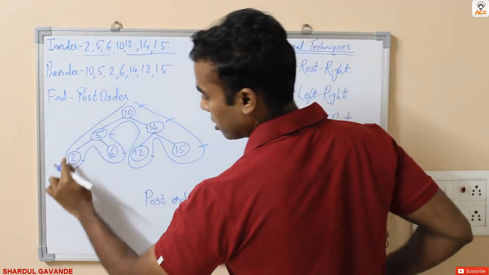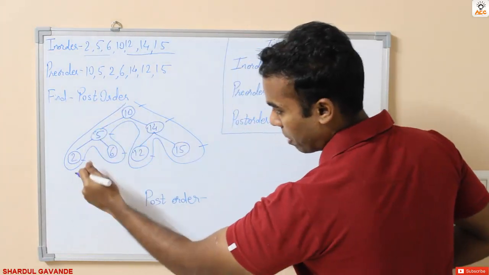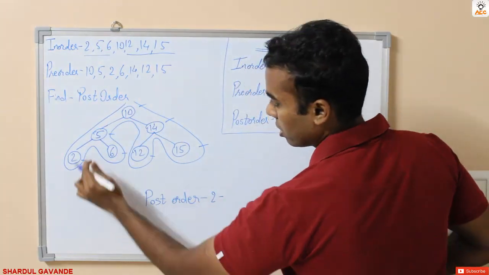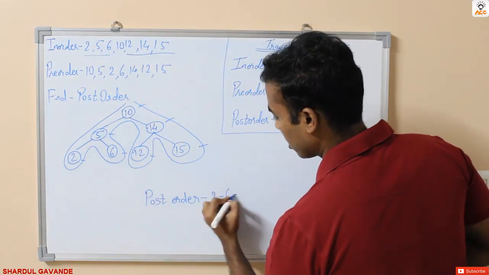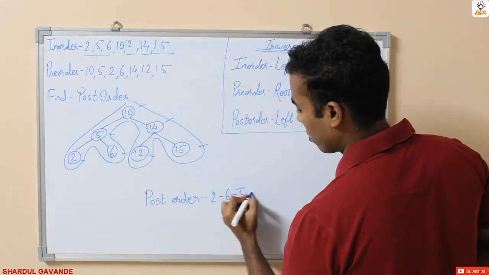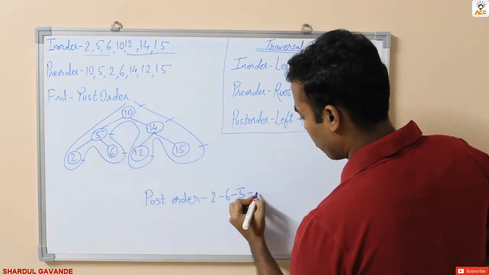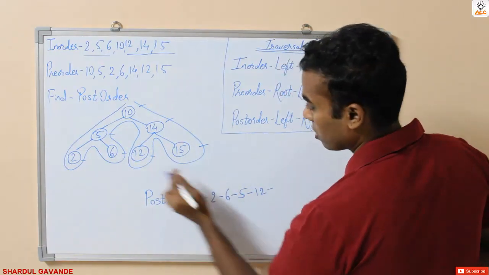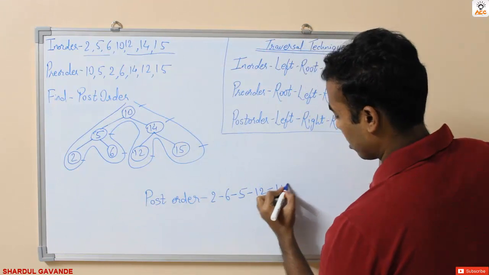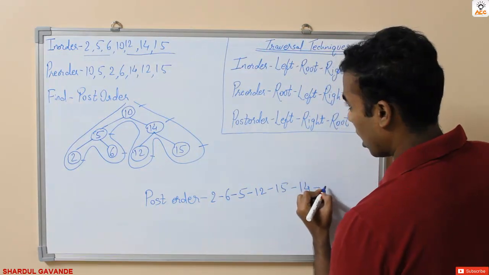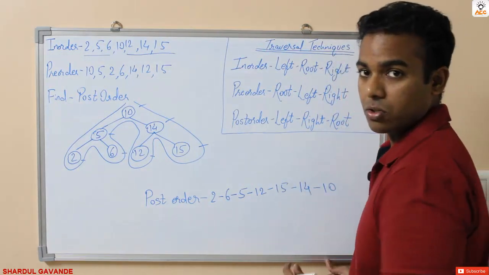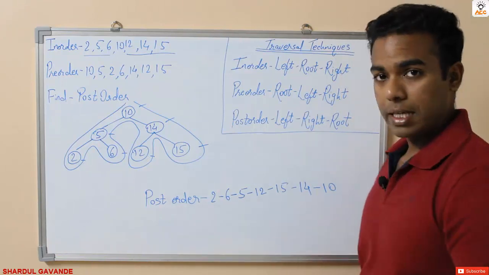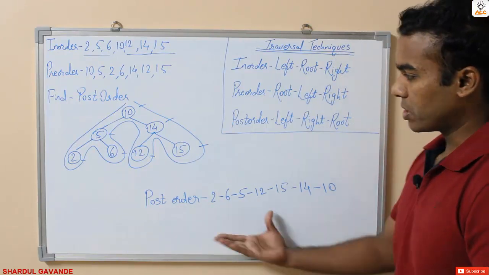So the post order is following this path. First is 2, then 6, then 5, then 12, then 15, 14 and 10. So this is my post order sequence which I've got.